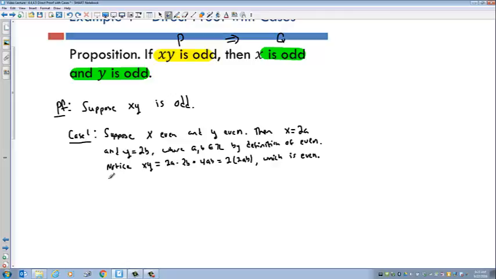Right, but what do we know? We know that xy is odd.